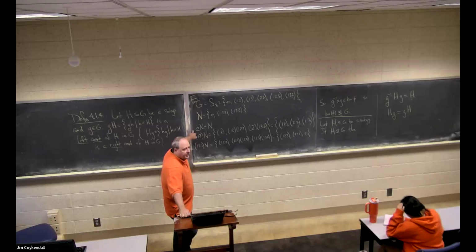Notice this right coset is not a left coset, because over here, 1, 3 is paired with 1, 2, 3, not 1, 3, 2. And this is 2, 3. What the heck is this? I bet this is 1, 2. Let me check that. 1 goes to 2, 2 goes to 3.